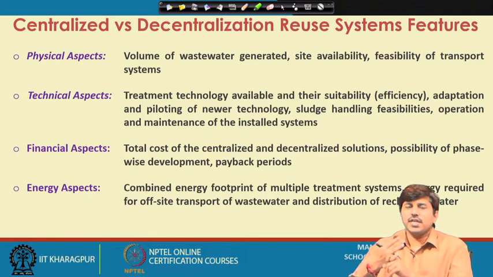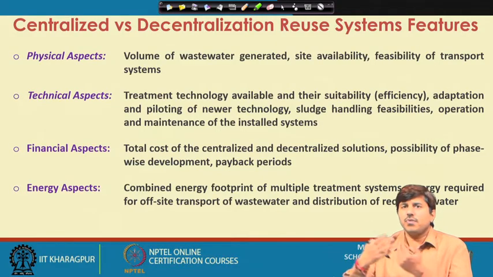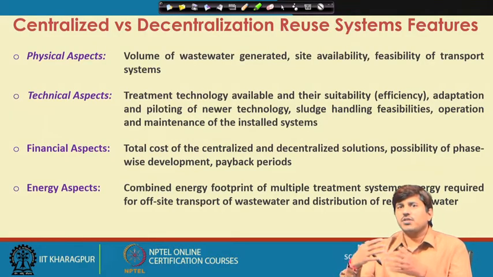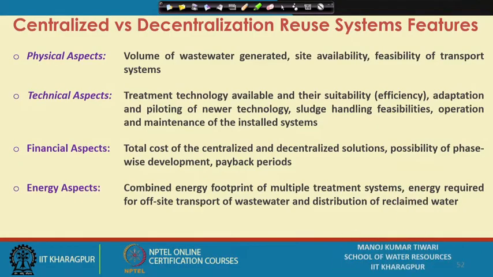So, you will have to take care of the plant operation, its maintenance, its security. The technologies could be different. Some technologies are low-maintenance technologies. If you are adopting simple natural processes, a wetland for example, or a simple process which does not need much skilled operation and maintenance, one can adopt those technologies and then use the water possibly for irrigation or horticulture purposes, if the water quality permits.